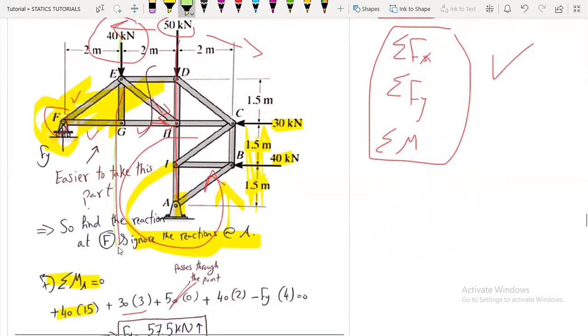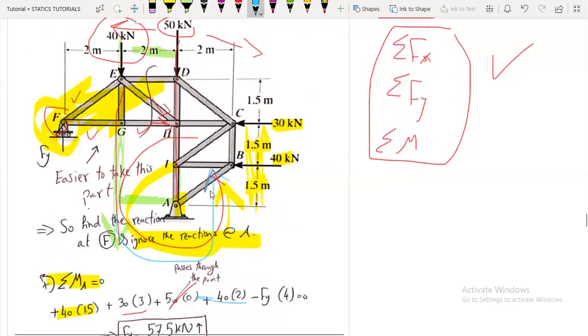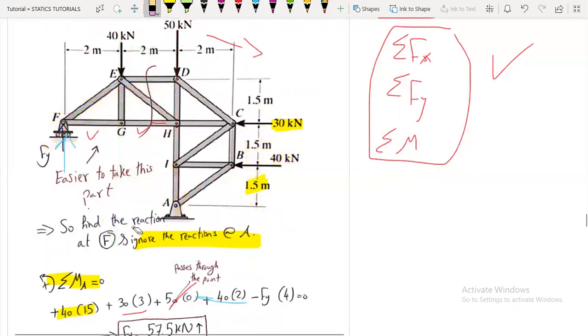Here's our force. Okay. And the distance is what? 2 meters till this point A. Okay, and it is rotating what? Counterclockwise, so it is positive. So 40 multiplied by 2. Okay, and finally our reaction Fy, it will be rotating clockwise about point A. So here is our force, here is our point A. And the distance is what?